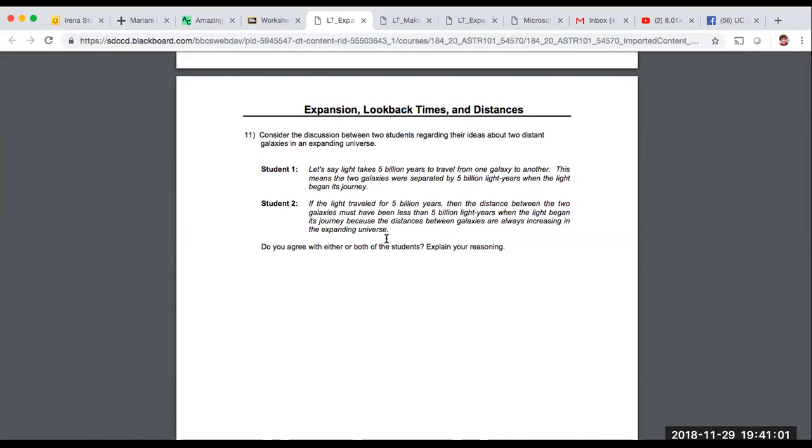I think student 1 is right. If the light traveled for 5 billion years, the distance between the two galaxies... Well, if the universe is expanding, is that correct?